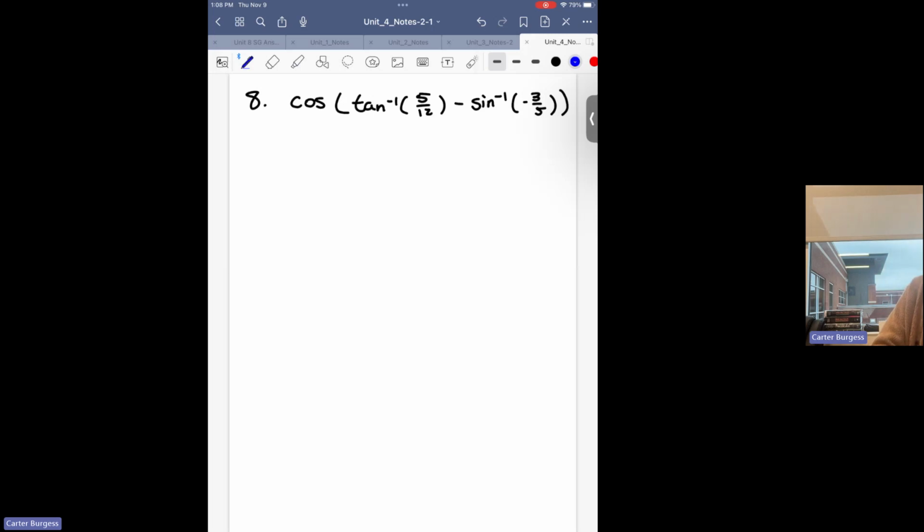The first thing that I am going to do is say that in terms of writing this as a difference of two angles, my alpha is going to be the inverse tangent of 5/12. And my beta is going to be the inverse sine of -3/5.